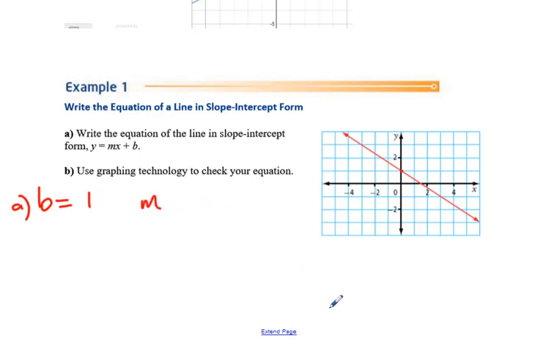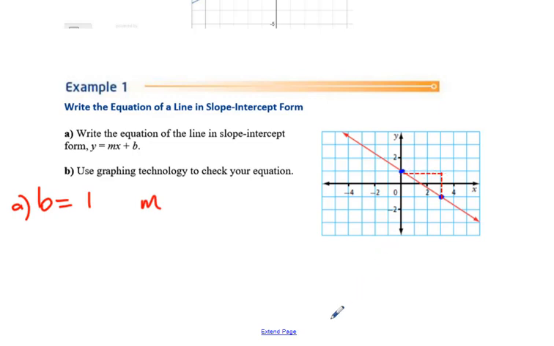Well, to find slope, remember, from last chapter, we've got to find a couple of nice points. So I'm finding a couple of points which have nice whole number or integer coordinates. Now, if I look at this here, I know that I'm going to have a negative slope, so I can rise up 2 and I can run 3 to the left.